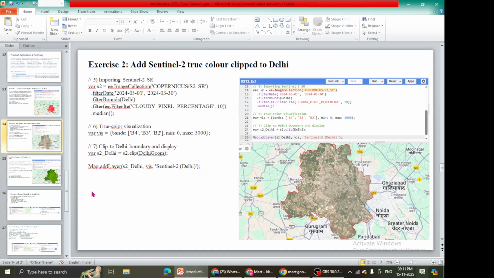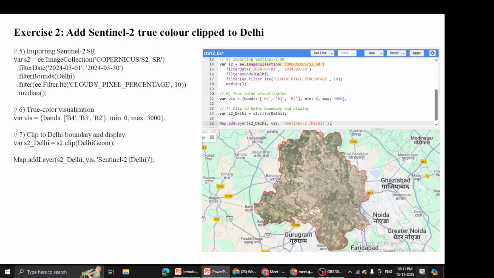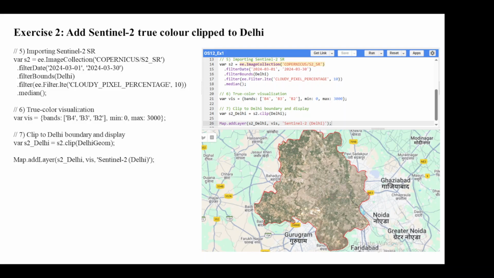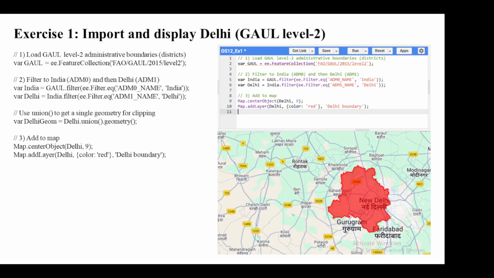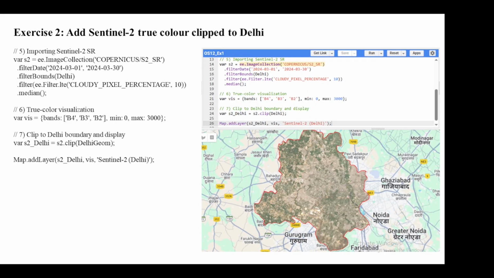There were essentially 5 different exercises that I was intending to complete. One is definitely importing and displaying any administrative boundary. Second is adding Sentinel-2. Similarly, you can also use Landsat data, or if you want to use MODIS data, that also you can use.